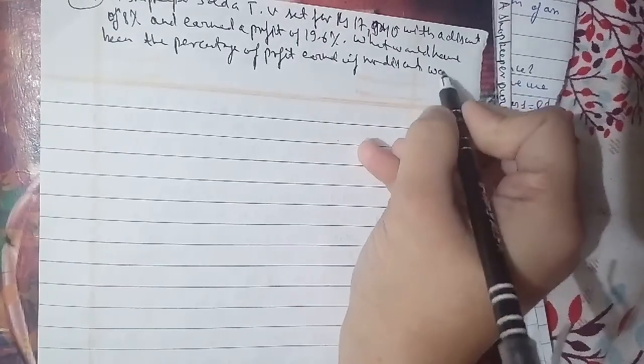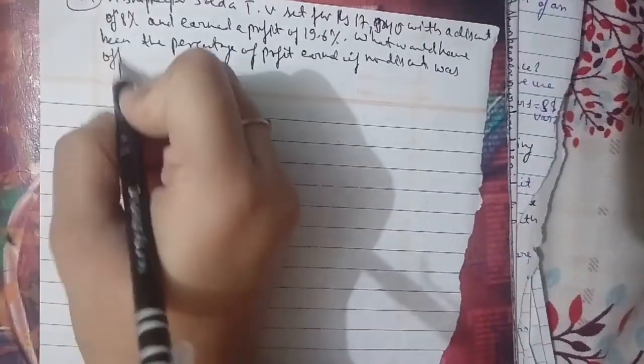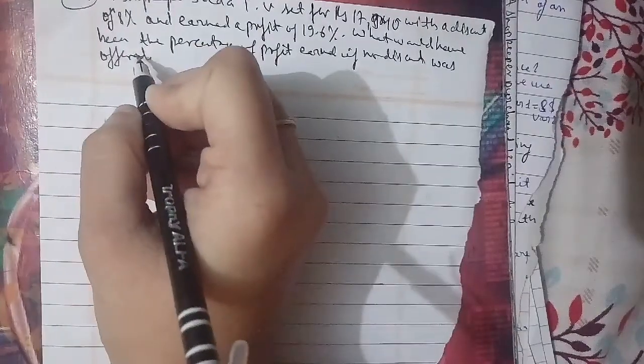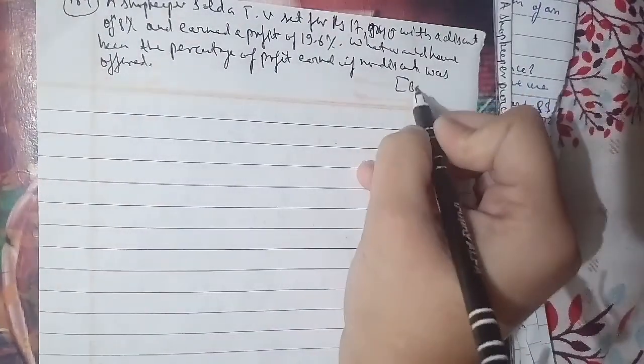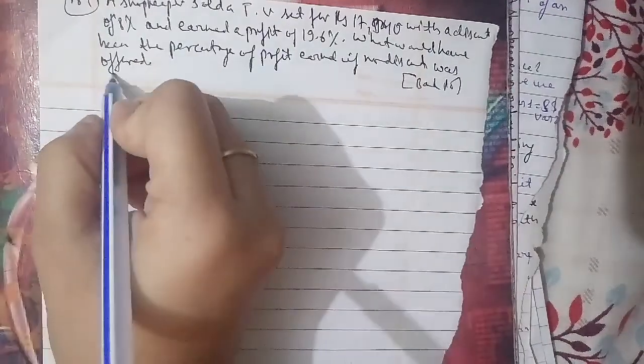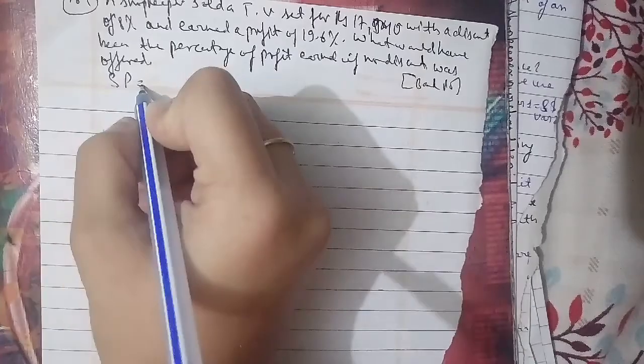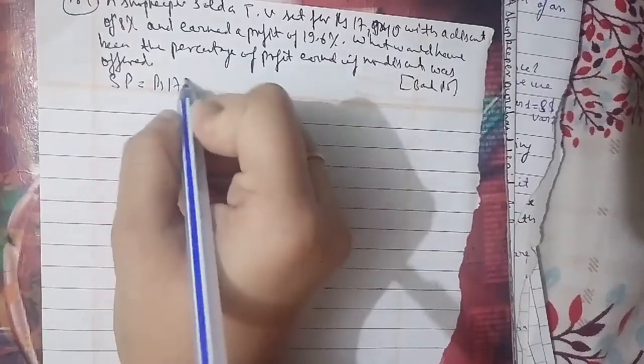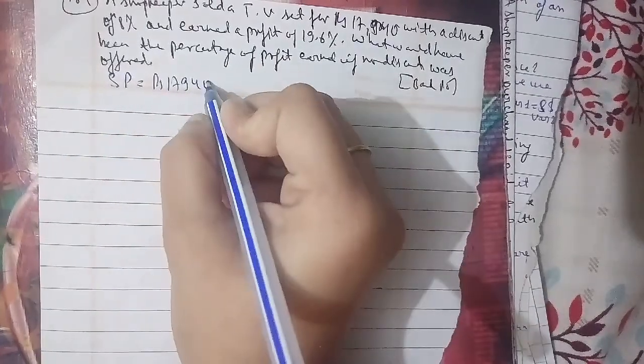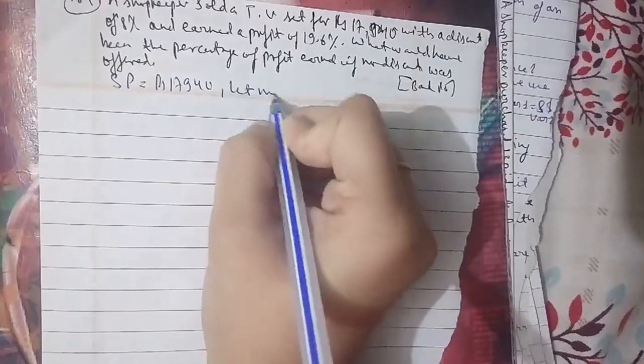Cost price is equal to rupees 100 upon 119.6 into 17,940, that is 1,000 upon 1,195 into 17,940, which is rupees 15,000.